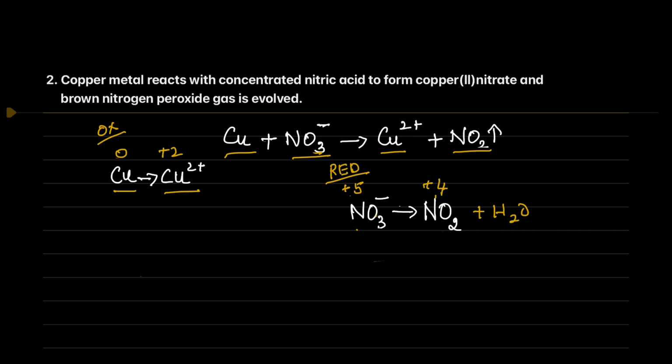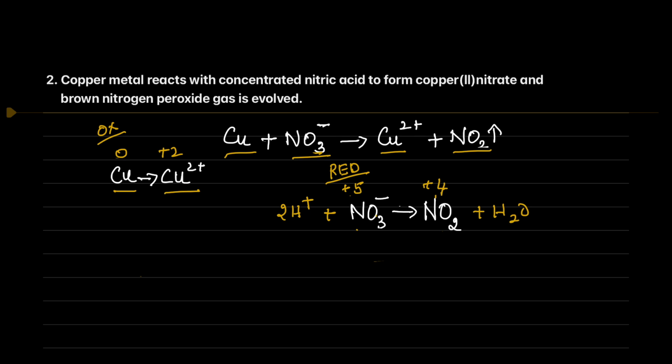For this, 2 protons are to be added to the left side of the equation, since the right side contains 2 hydrogen atoms due to the presence of 1 water molecule. So if we add 2 protons on the left side, hydrogen is also balanced. So the problem of balancing oxygen and hydrogen is over.